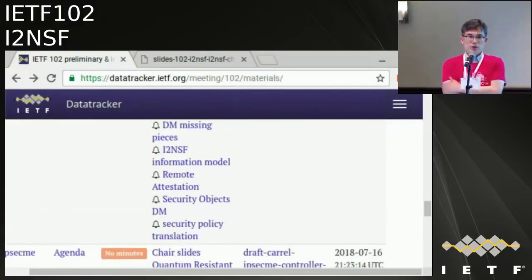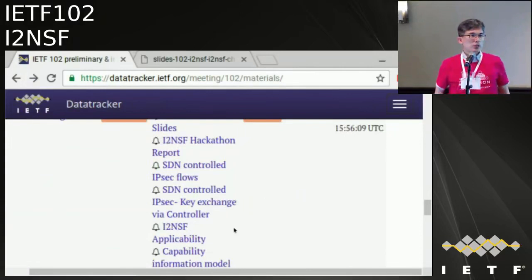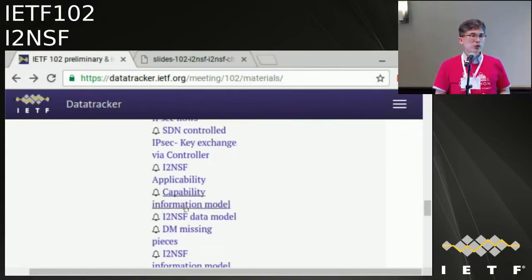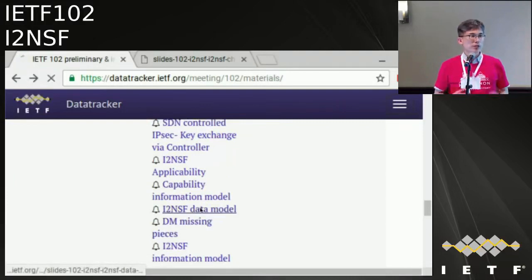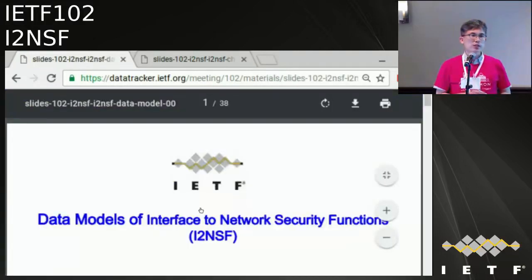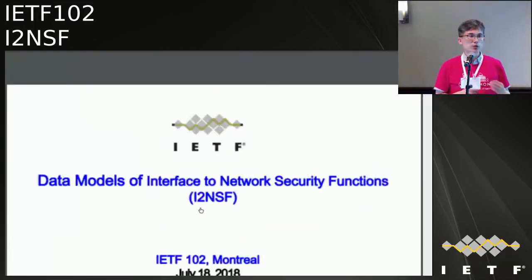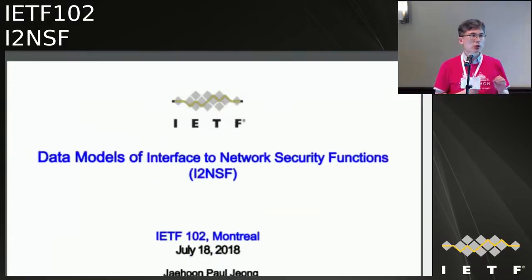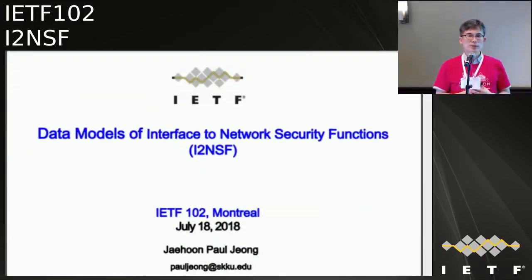This is Paul Jung from SKKU Korea. Shortly, I can report my group tried to map John and Frank's information model to our data Yang model. Almost everything is reflected, and we tried to make our Yang model look more object-oriented using the identity John mentioned.